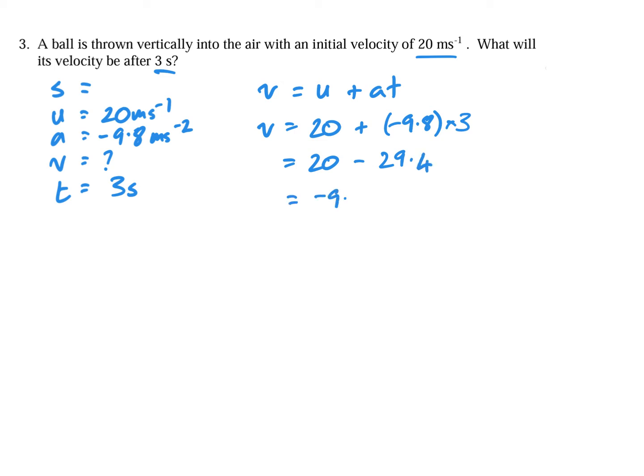So the final answer you get is minus 9.4 metres per second, or 9.4 metres per second downwards, i.e. the stone has gone past its highest point and started coming back down again in those 3 seconds.